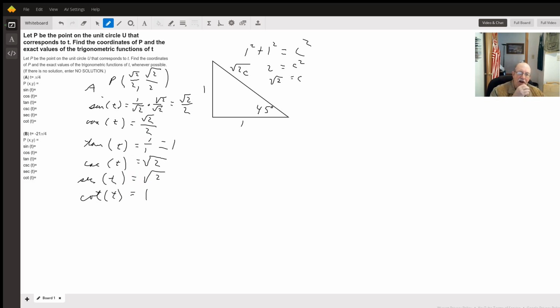For B, we don't want to deal with negative 21 pi over 4.